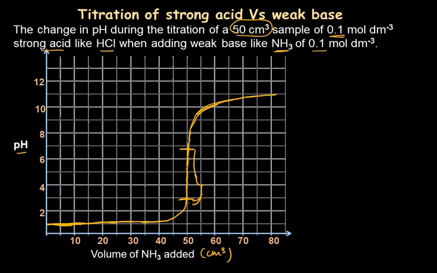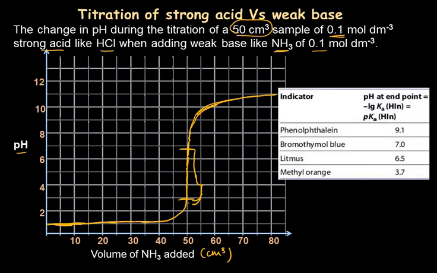Now let's talk about the indicator which we are going to choose. Here again we have a list of a few indicators which have their endpoints at a particular pH, and as we have already seen, the indicator chosen should have its endpoint between the pH of 3 to 7.